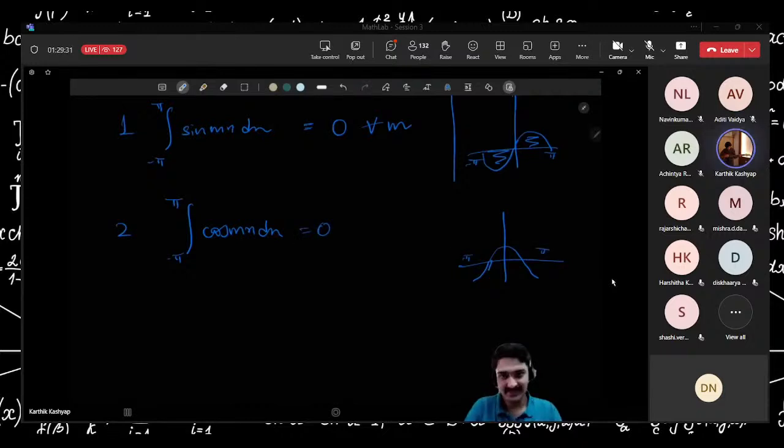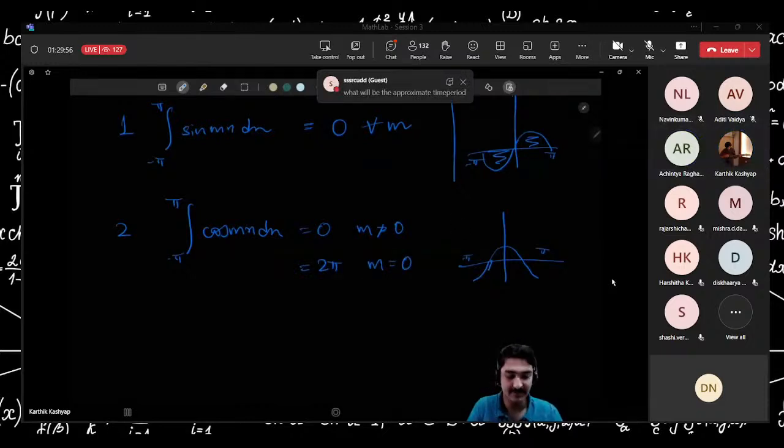But only in the specific case that m is 0, cos 0 will be equal to 1, in which case the integral of 1 dx from minus pi to pi will be equal to 2 pi. So we have to mention that specifically over here. So it is equal to 0 for all m not equal to 0, and equal to 2 pi when m is equal to 0. We will need these subcases later on.